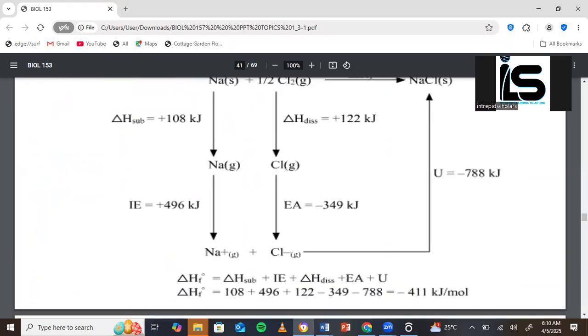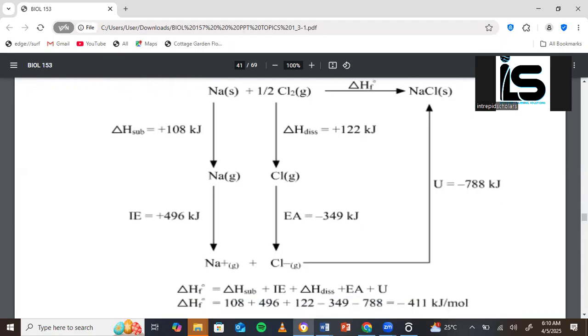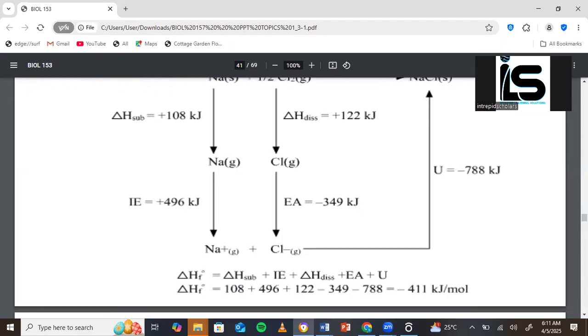After it is vaporized, it has to undergo ionization, and that's the ionization energy. Then for the chlorine, you have molecules of chlorine already in gas form, so you have to dissociate to get one mole of chlorine atoms. And then that chlorine has to accept the electron coming from the sodium. So that's electron affinity.